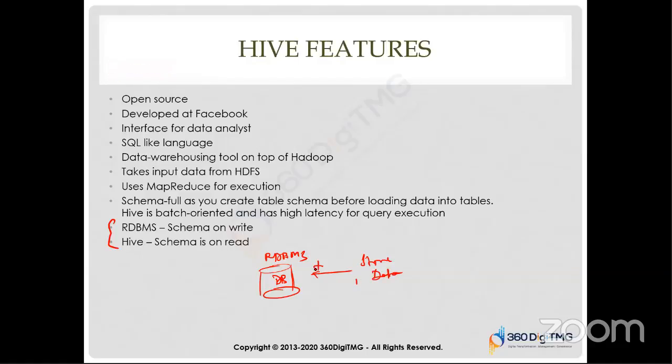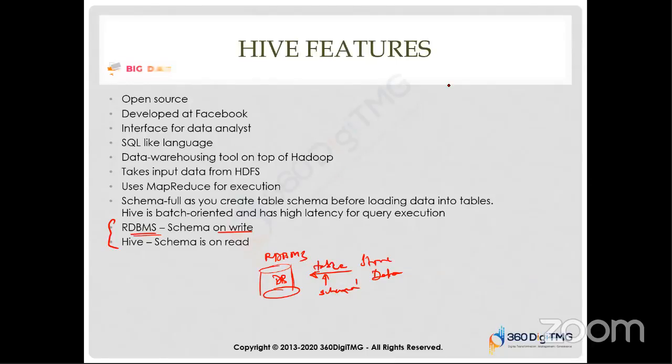That's mandatory. So I'll create a table and I store it. So when I'm creating a table, I'm giving the schema. So data is in raw format. I'm storing the data. I'm writing the data into tables in the database. So that is your RDBMS, schema on write means.